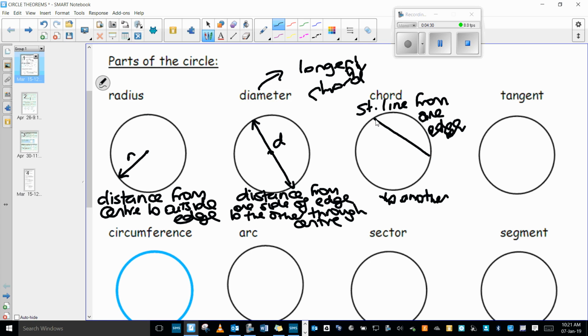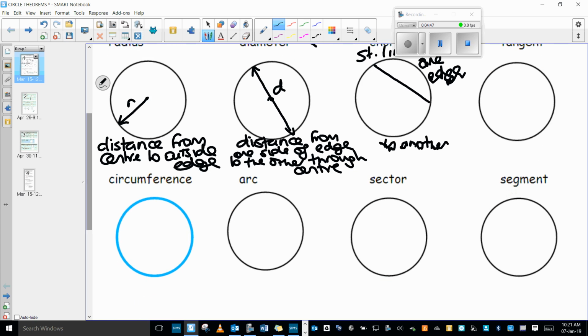And tangent. Do we know what a tangent is? Chord we don't really label because of the D and R. So a tangent, no, we don't know. It's a straight line that just touches the circle edge.